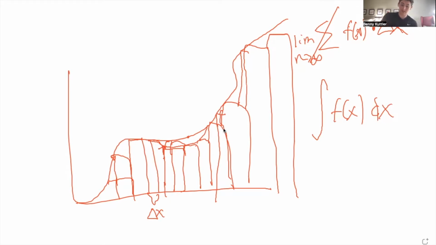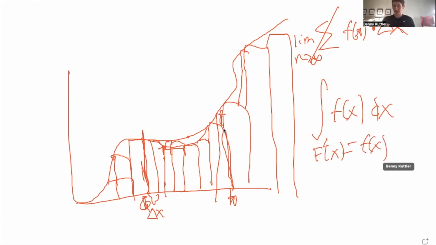So what this theorem says is that the integral between 2 points, let's call them a and b, if big F of x is the antiderivative, so the derivative of this equals f of x, then the integral between 2 points is F of b minus F of a.